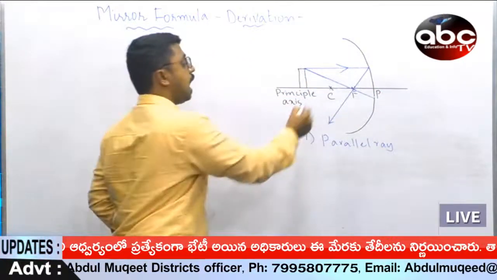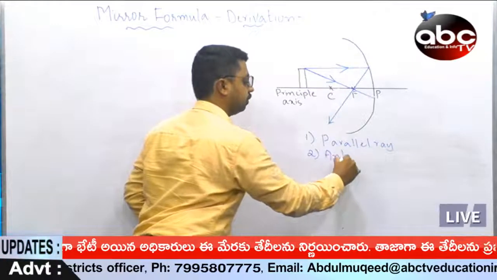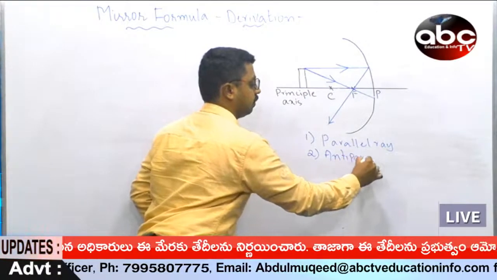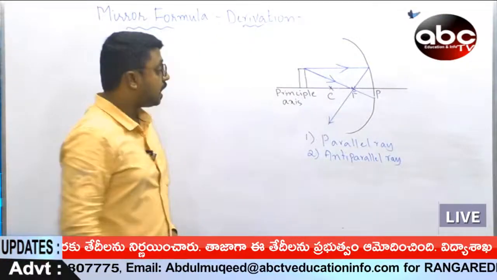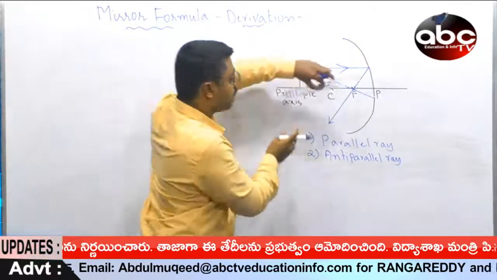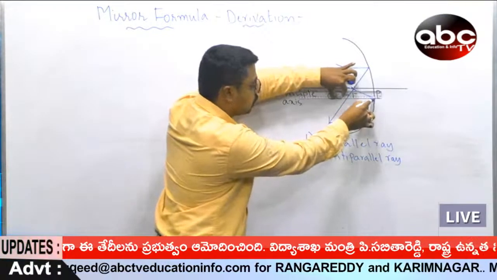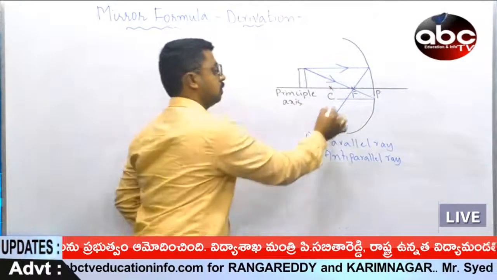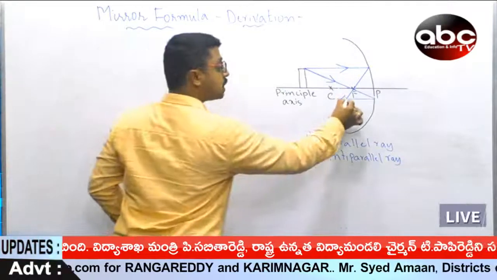Let us take the anti-parallel, the second type of ray. And that definitely passes parallel to the principal axis, and gets an intersection here.